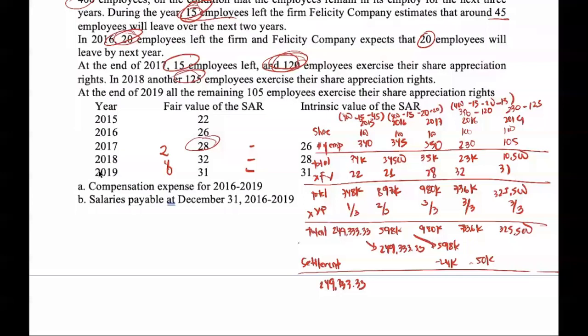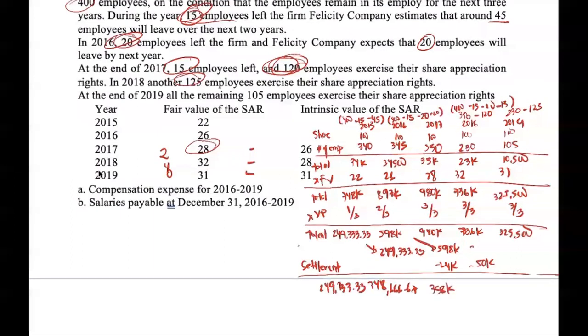598,000 less 249,333.33. We have 348,666.67. For 2017, we have 980,000 less 598,000 less 24,000 settlement on the change as to your intrinsic and your market value. So we have here 358,000.